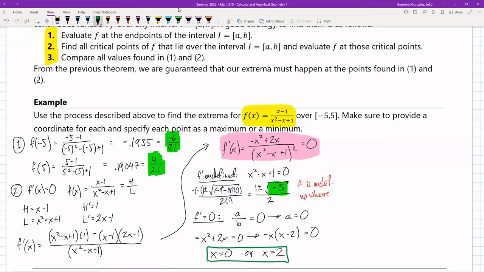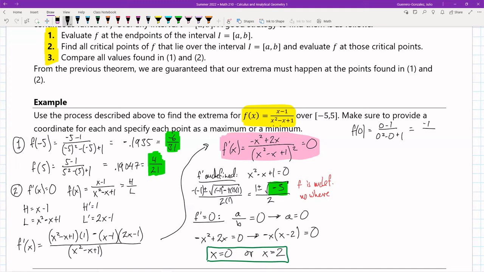What we're going to do now is plug these two values into our regular equation. So we're going to do f of 0. That's going to be 0 minus 1 over 0 squared minus 0 plus 1.